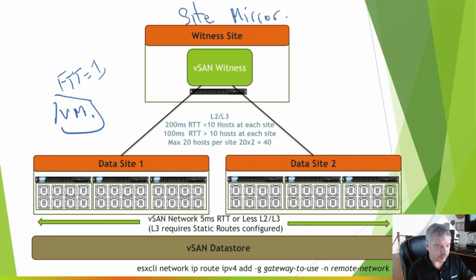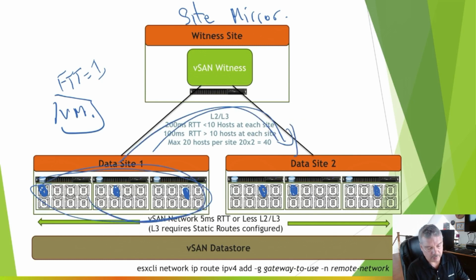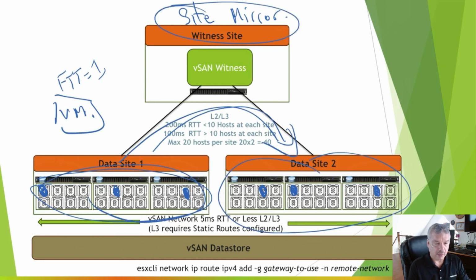I'm going to demo both of these, right? So with site mirroring, I can have a component sitting here, another component on this host in site 1, and maybe a witness component here, okay? Just like regular failure to tolerate equals 1. Then I'm going to take this and mirror this over here. So maybe I'll put a component here, and a witness here, let's say, right? So I'm taking this stuff and replicating it over here. So the complete VM and its witness gets replicated. That's the advantage of site mirroring.